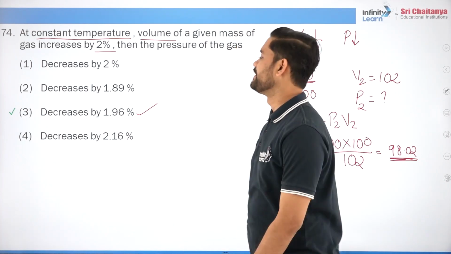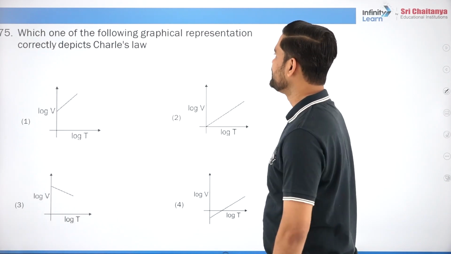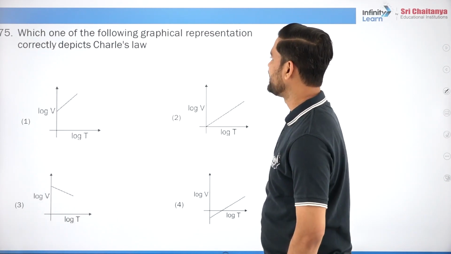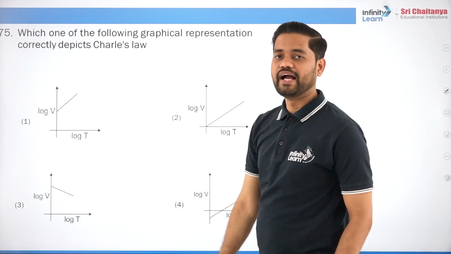Got it? Perfect. Talking about question number 75, which of the following graphs represents Charles law correctly?